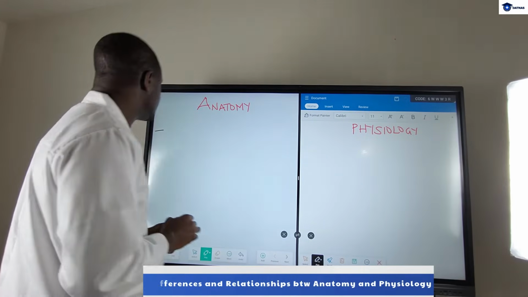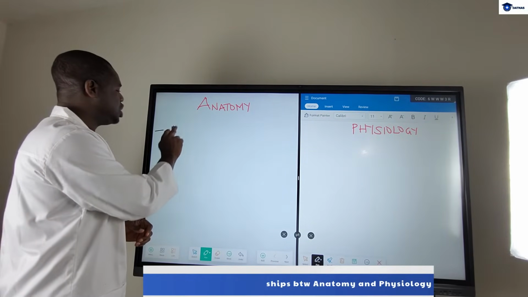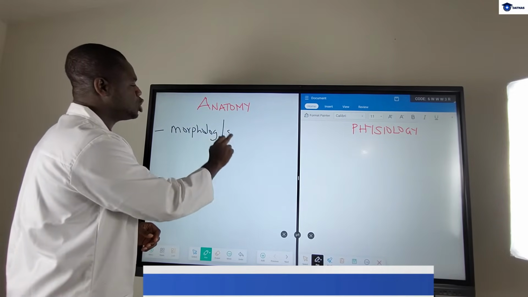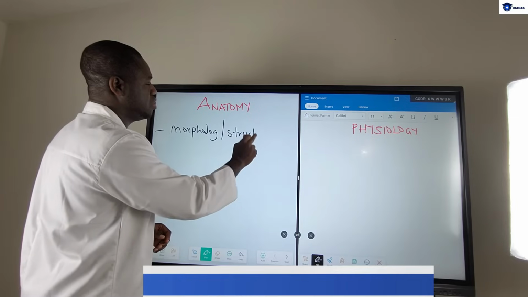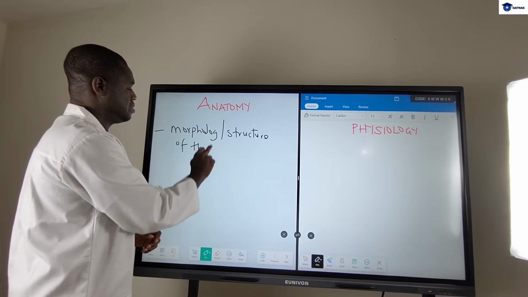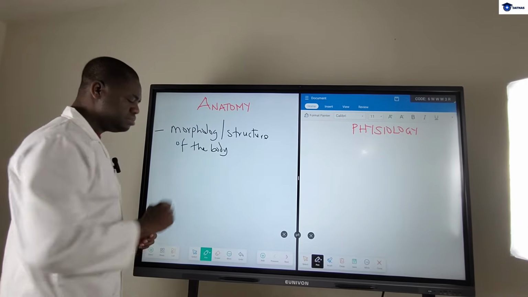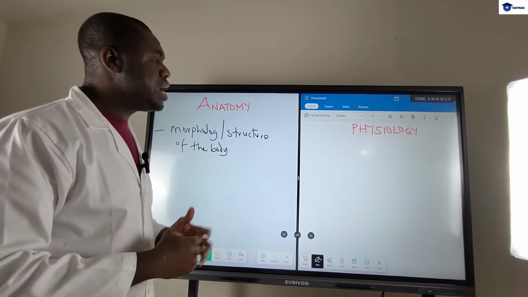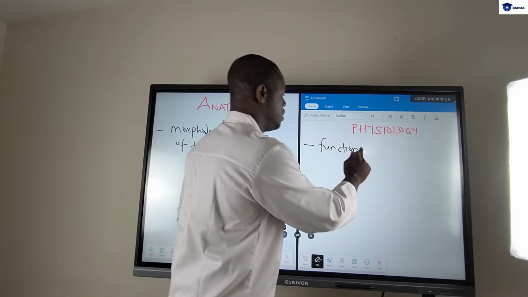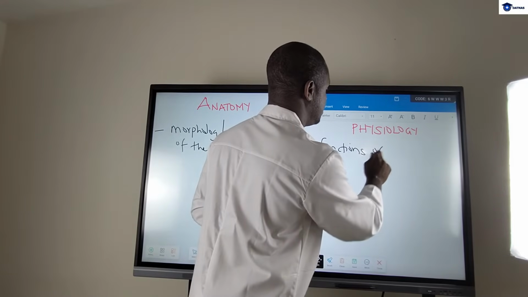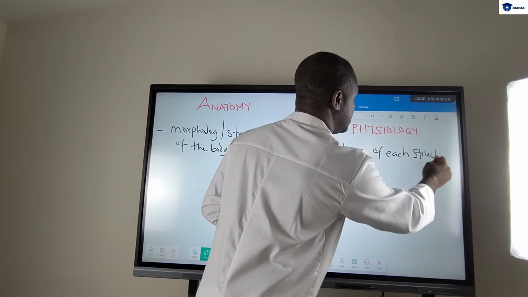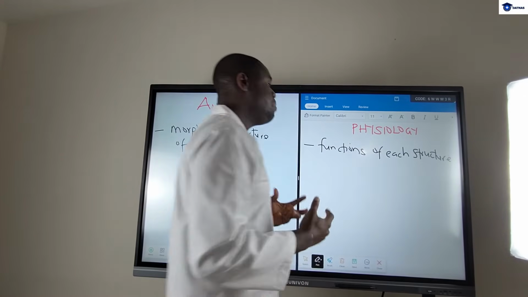Anatomy focuses on the morphology or structure of the body. Physiology, on the other hand, focuses on the functions of each structure in the body.